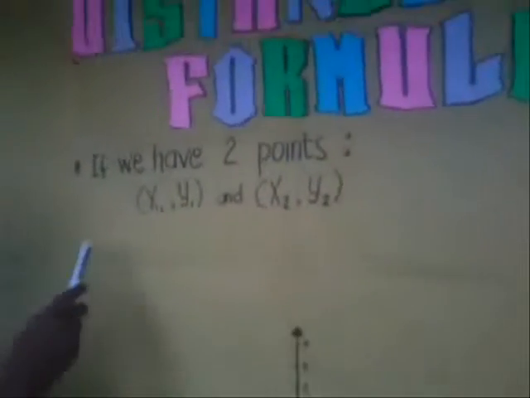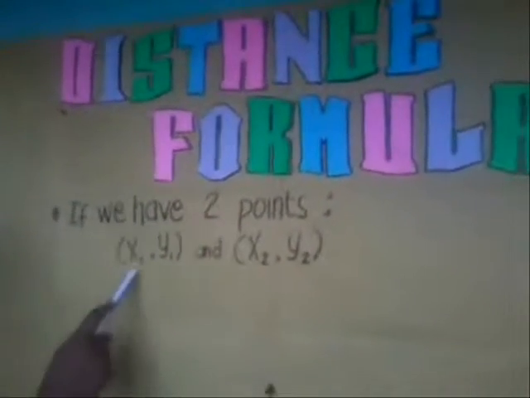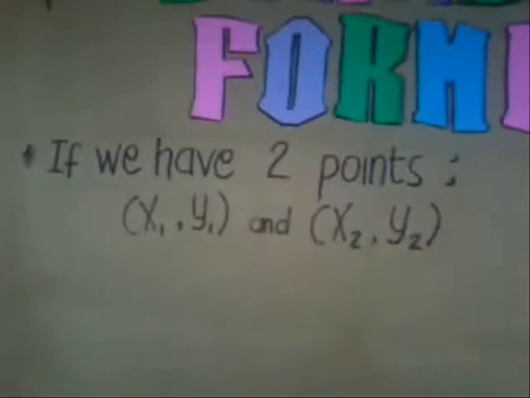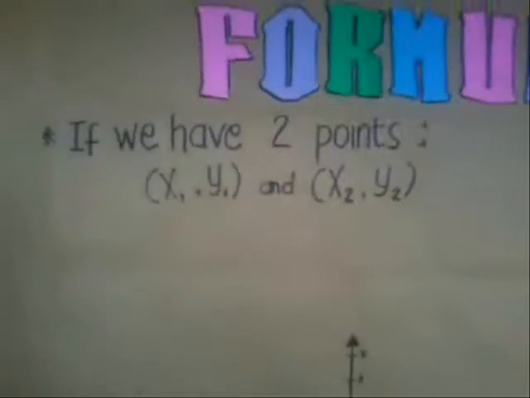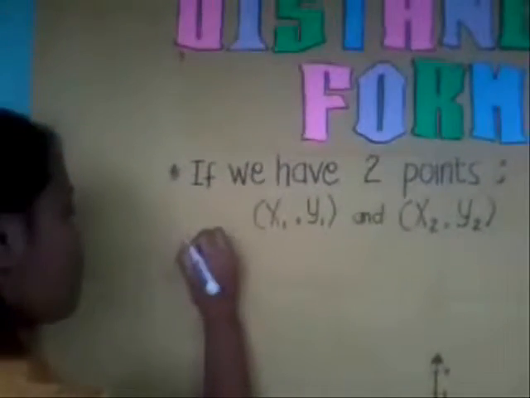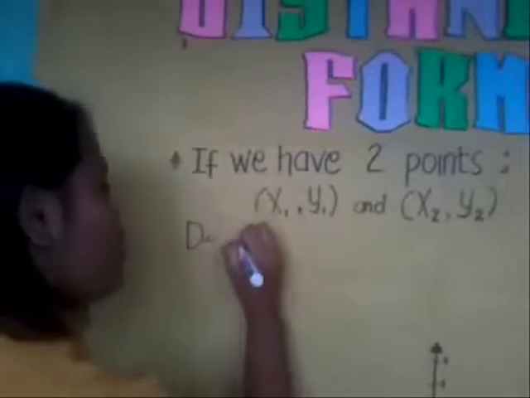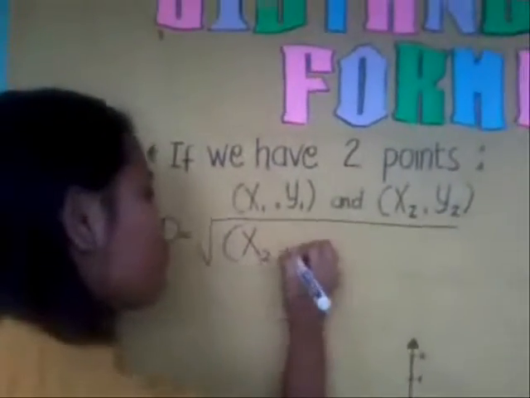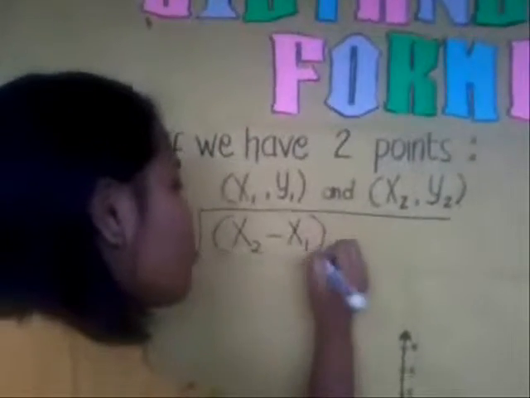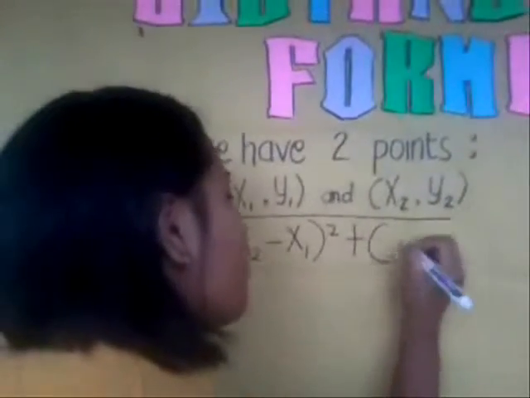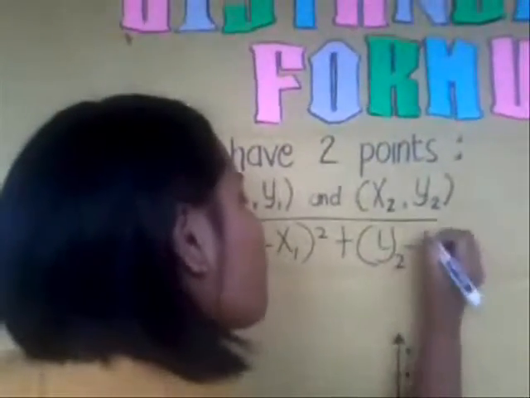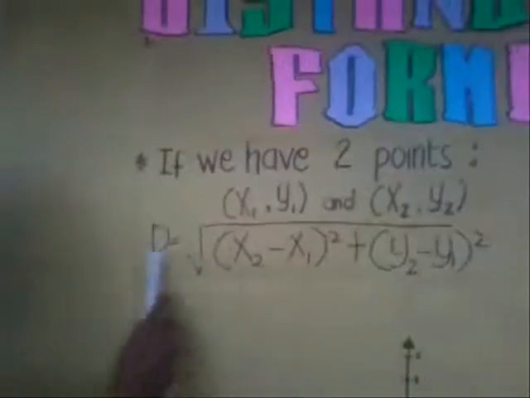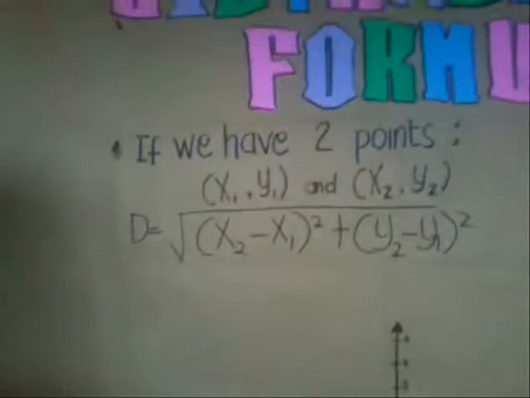If we have 2 points, x sub 1, y sub 1, and x sub 2, y sub 2, the distance between these 2 points is the square root of x sub 2 minus x sub 1 squared plus y sub 2 minus y sub 1 squared. This is our official distance formula.